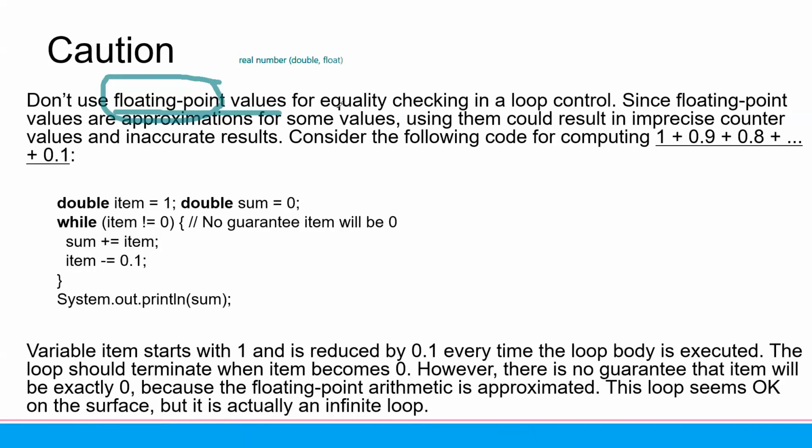So when you are going to do the equality checking, for example, item has been assigned as a double, and I want to check if item is not equal to 0, there is no guarantee item will be 0.